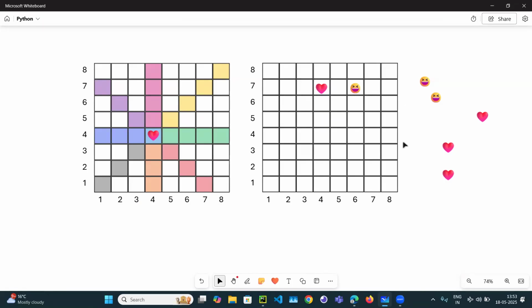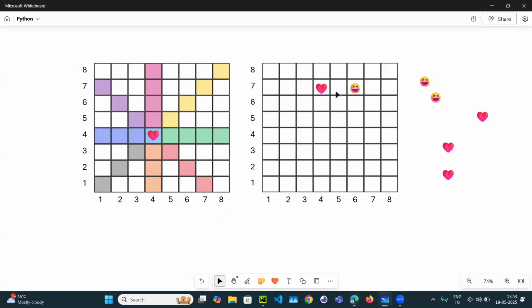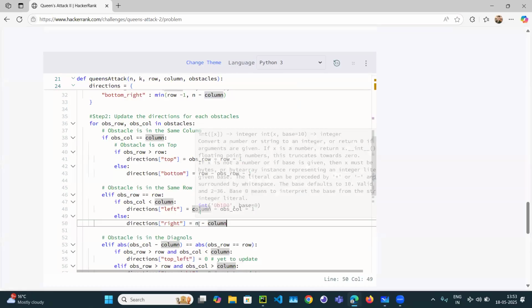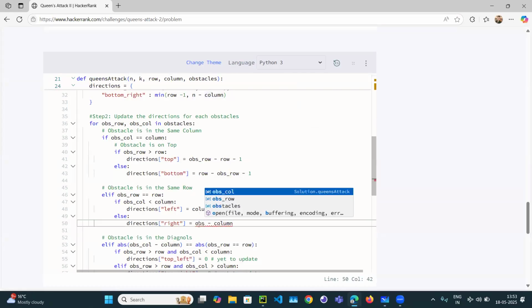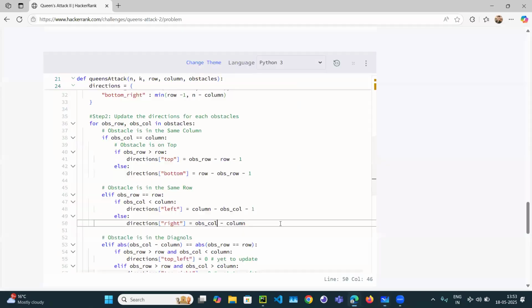Earlier you were counting from the total board, n minus column. But now you need to find how many columns are in between these two. So instead of n, use the obstacle column. The obstacle column is 6, so 6 minus 4 is 2, but you need to subtract 1.